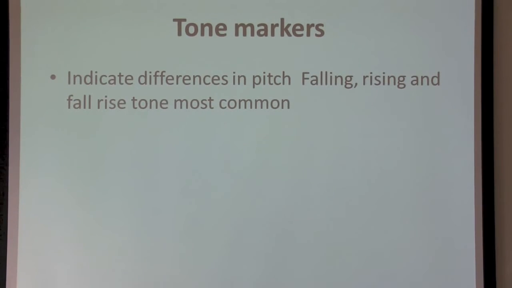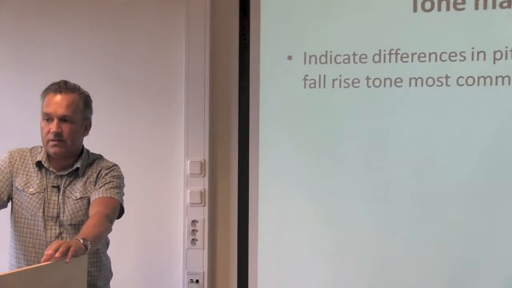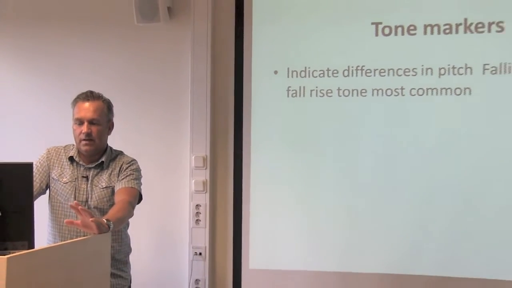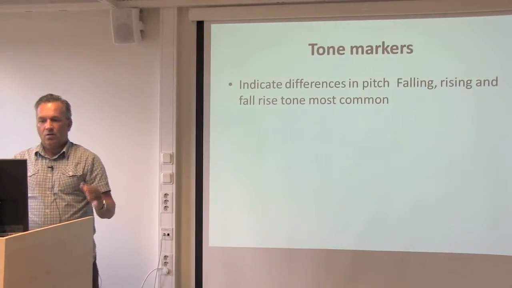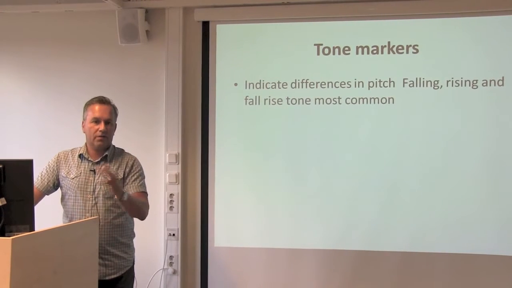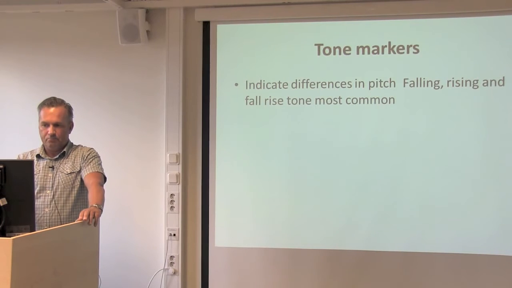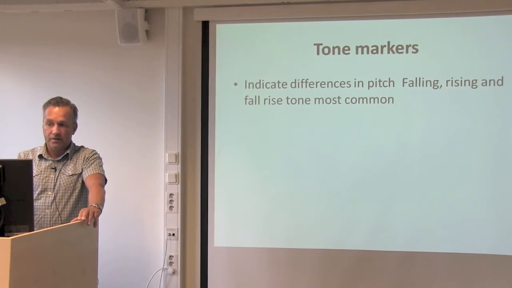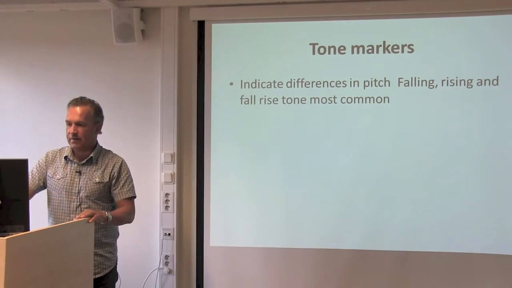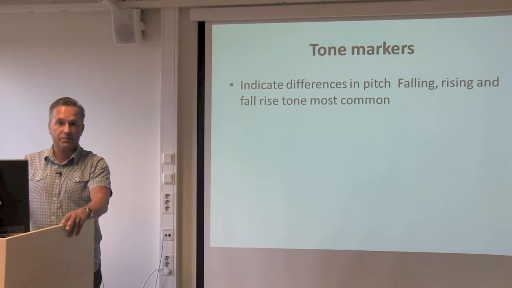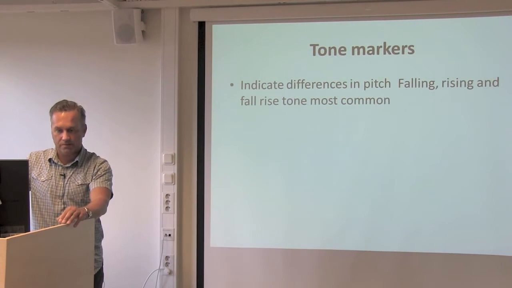Finally, as I mentioned, a mark is placed next to the most important word in the sentence, and these marks indicate whether the pitch is falling, rising, or using other kinds of tone. The most common types are falling and rising, and then we have the full rise tone, which we're going to look at here, although there are other types of pitch as well, but these three are the most common in English.